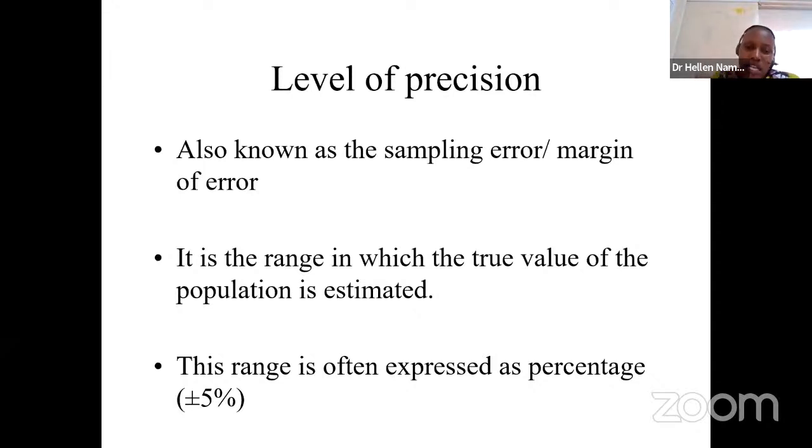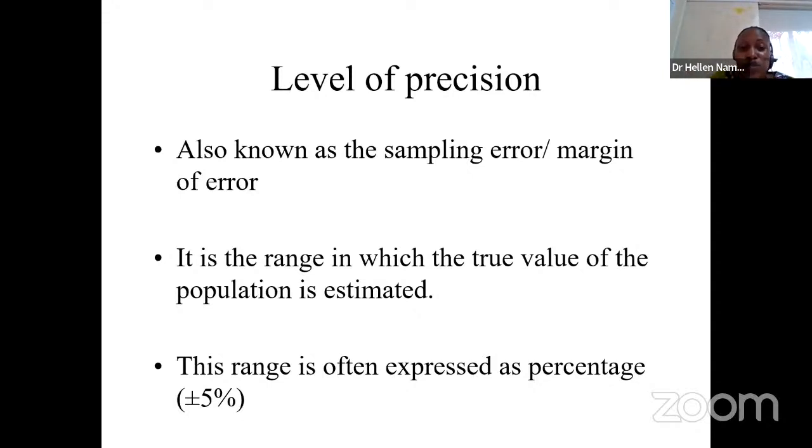Maybe, depending on the study, especially with sensitive studies, it can be reduced to 3 or 2%, but in most textbooks, it is plus or minus 5%. It's also good to back it up by saying that according to so and so, putting the author and the year, the level of precision I'm considering is 5%, because it's quite interesting that some people can go ahead and say, well, I'm going to consider it as 5.5%.